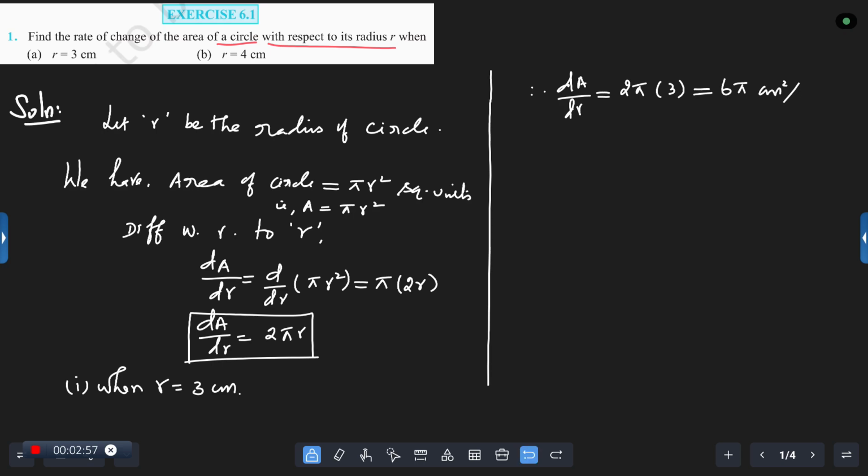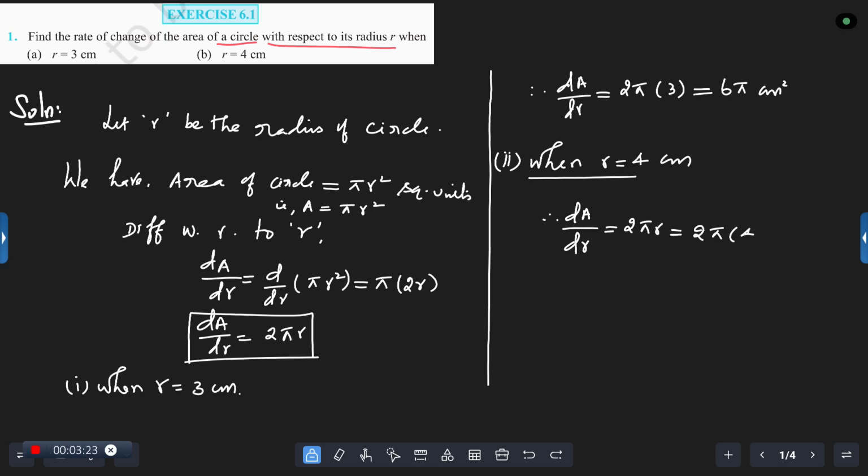Second case, when r equals 4 centimeter, dA by dr equals 2 pi r, which is 2 pi into 4, equal to 8 pi centimeter square per centimeter. Any doubts? This is the answer.